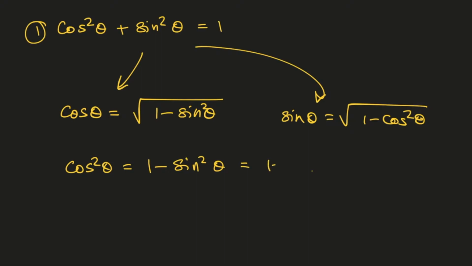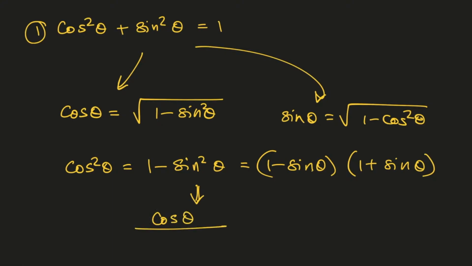So this is 1 minus sine theta into 1 plus sine theta, right? So when you take 1 minus sine theta to the other side, you have to remember that cos theta divided by 1 minus sine theta is equal to 1 plus sine theta divided by cos theta.